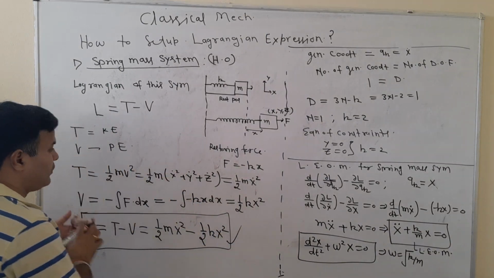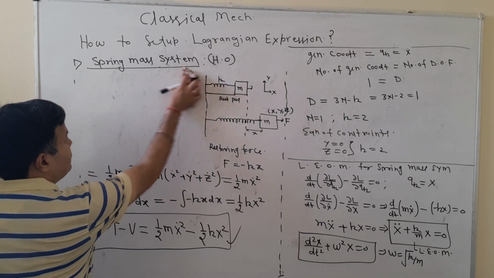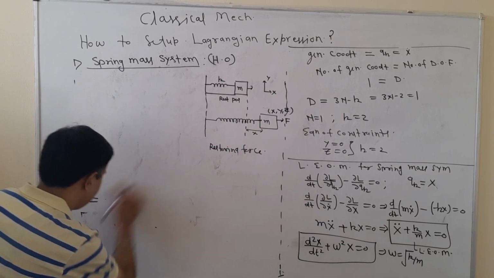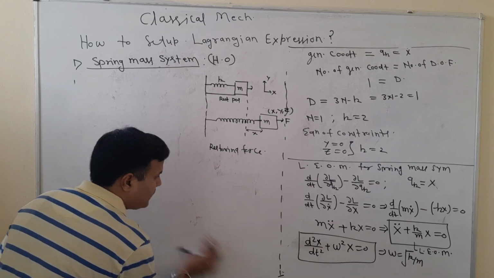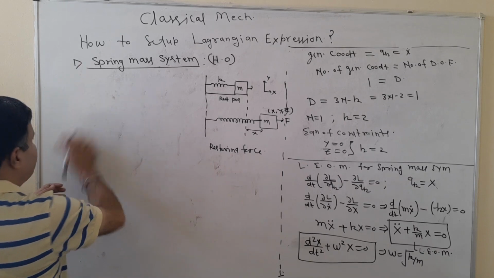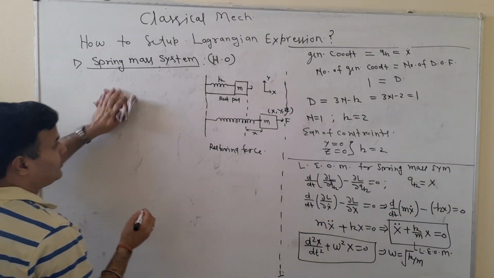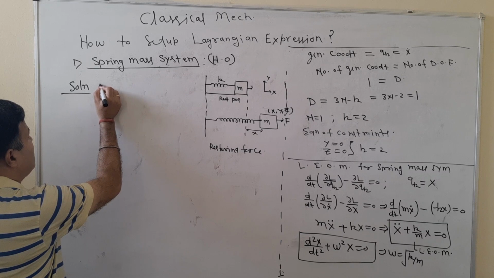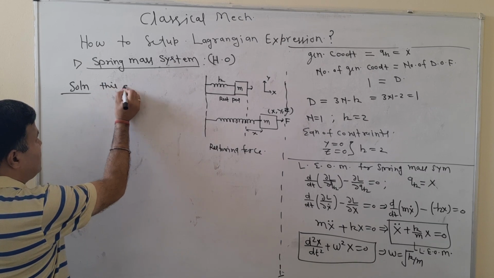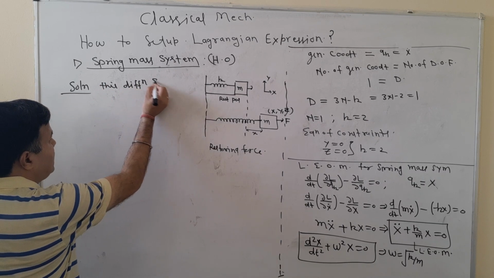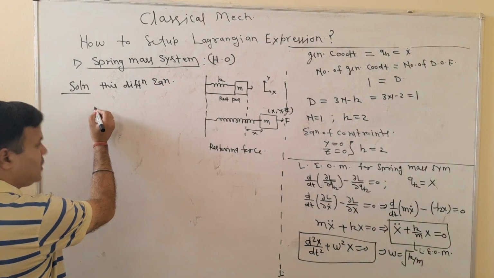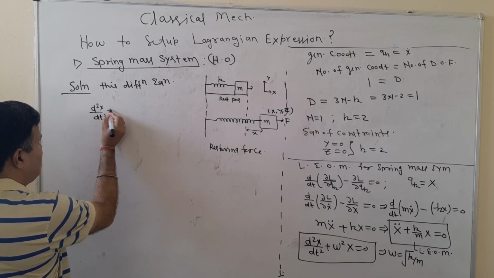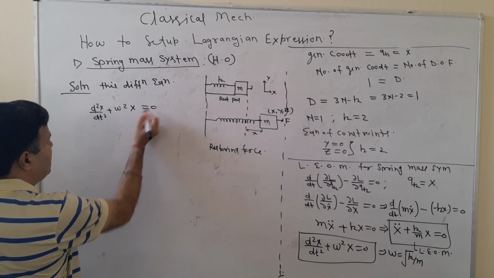So what is the solution of this differential equation, d2x by dt square plus omega square x equal to 0?